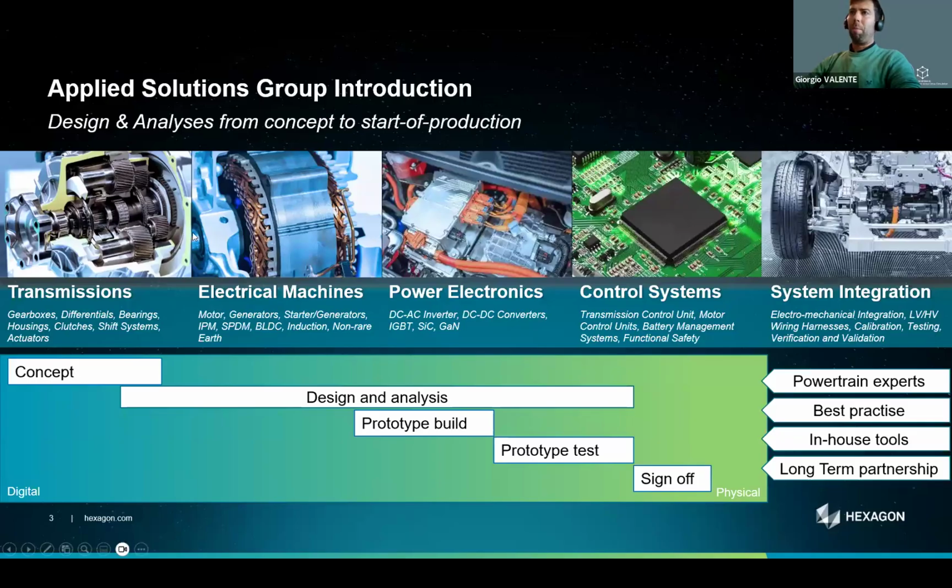Applied Solution Group is essentially an engineering consultancy group within the Hexagon Manufacturing Intelligence division. What we do is mainly focused on powertrain design. We cover all aspects of powertrain design, from transmission design, electrical machine design, powertronics, control system, and we also do system integration.